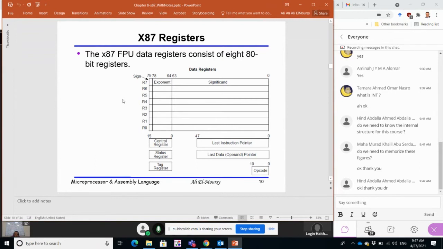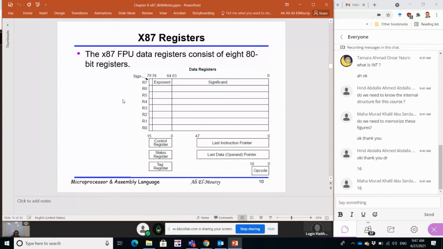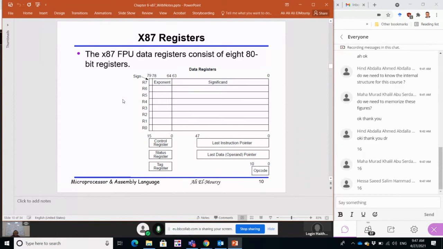Each register is 80 bits. Remember that for the X86 we have how many bits for each register? 16. Most or all of the registers were 16 bits. The data registers here are 80 bits.